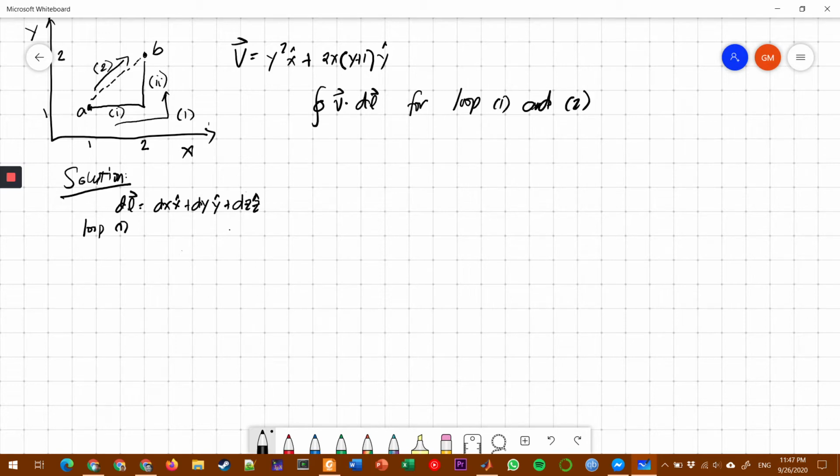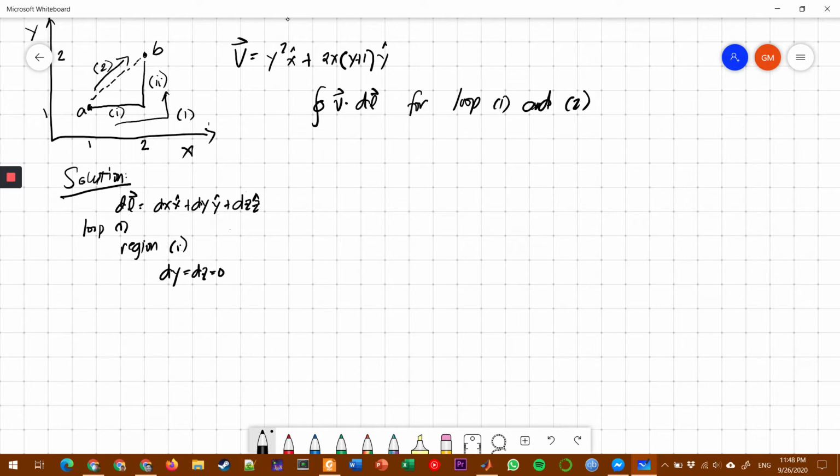Okay, loop 1. So for loop 1, we have region 1 and then region 2. So for region 1, as you can see, dy and dz is just 0, right?